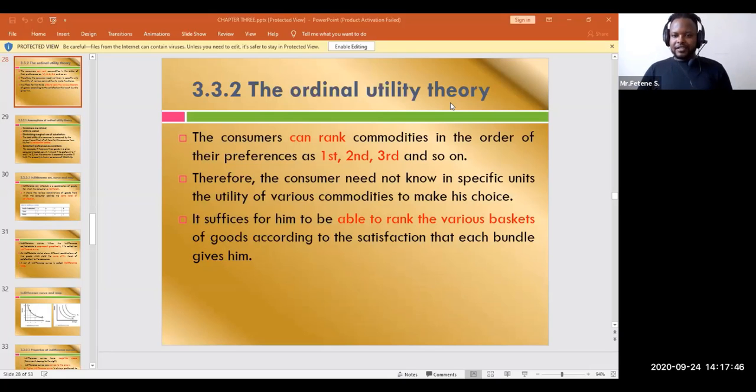Therefore the consumer needs to know in specific units the utility of various commodities to make his choice. ስለዚህ the ordinal utility theory approach የሚያምነው ምንድነው ማለት ነው, ራንክ ልንሰጠው እንችላለን. It's enough for him to be able to rank the various baskets of goods according to the satisfaction that each bundle gives. ከምንጠቀመው ላይ የምናገኘው satisfaction can be ordered rather than measured in numerical values ማለት ነው። በነምበር ሜጀር ከማድረግ በዘለለ order or rank ልንሰጠው እንችላለን ይላል.